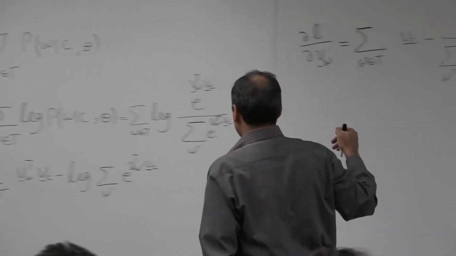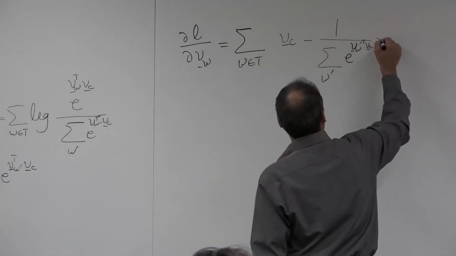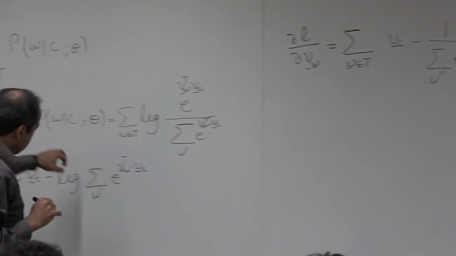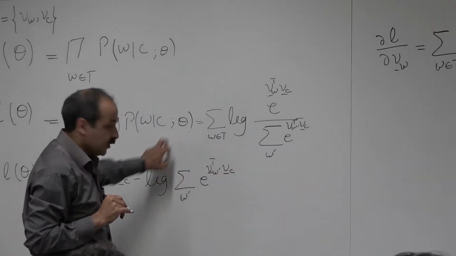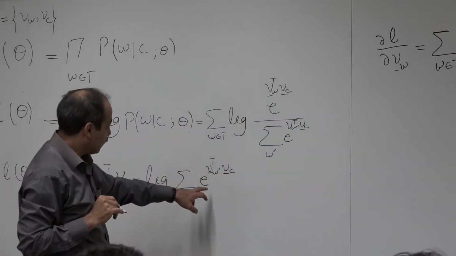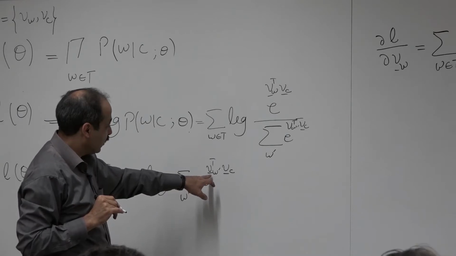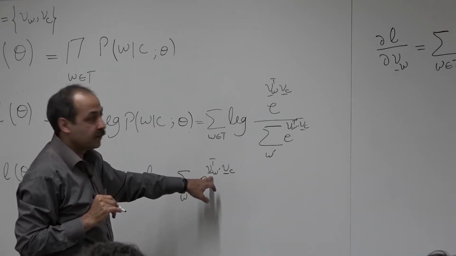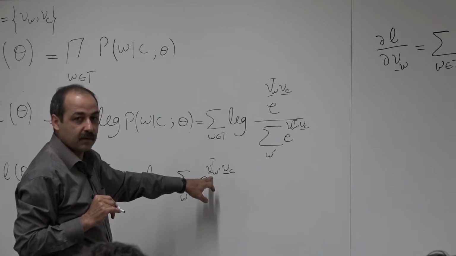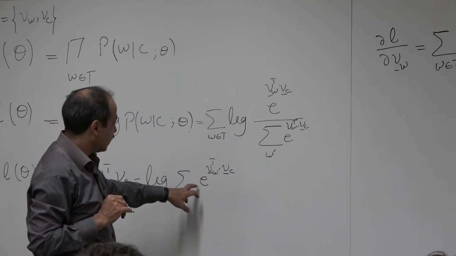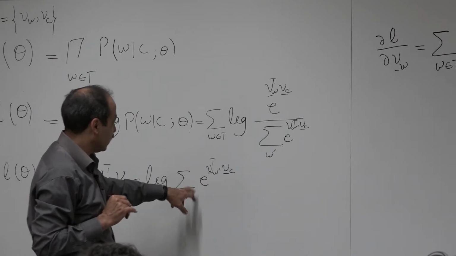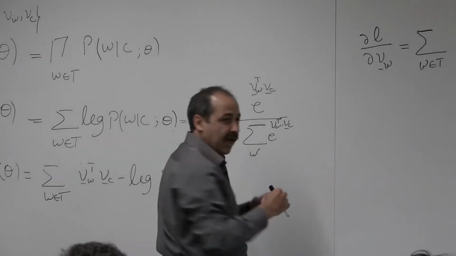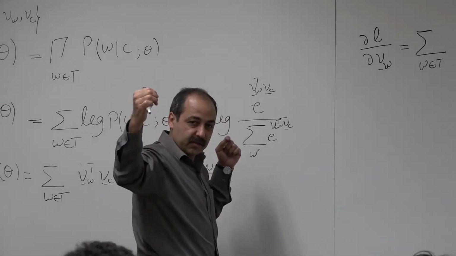times the derivative of this with respect to Vw. You know what this summation is? This summation is over all W's, right? And I have d W's because that's the size of the vocabulary.